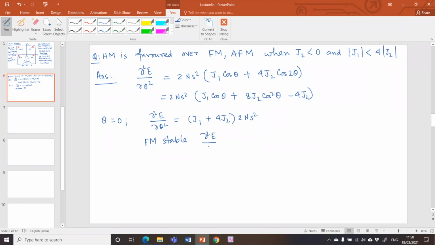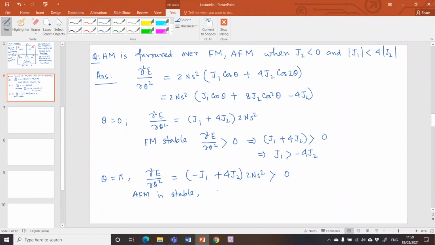Basically, this quantity has to be, if we have this, then this will be minus J1 greater than minus 4J2, right? Which means that J1 has to be less than 4J2.